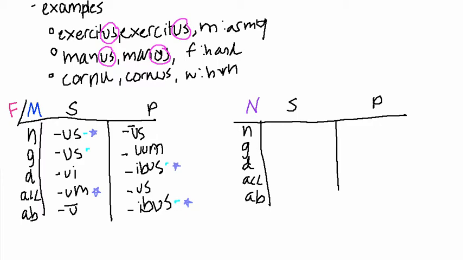Okay, so now I'll go ahead and give you the neuter endings, and you're going to run into the same problem again with the neuter endings. There are a lot of similarities. So let's go ahead and write down the first letter. As you can tell right here in the dictionary entry, the ending for nominative is u, genitive is us, dative is u, accusative is also u, and the ablative is also u.